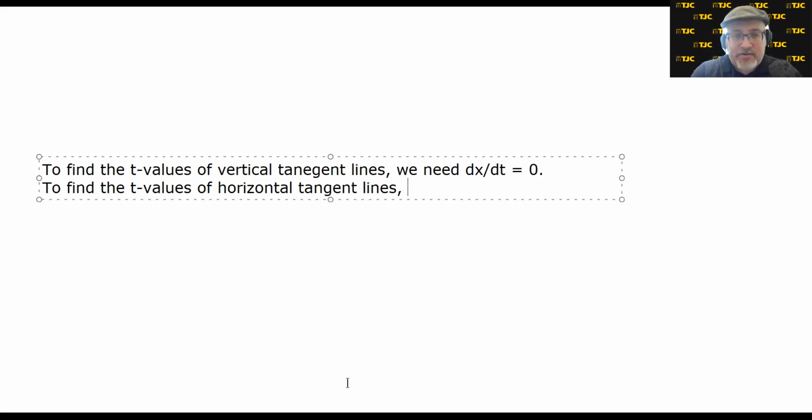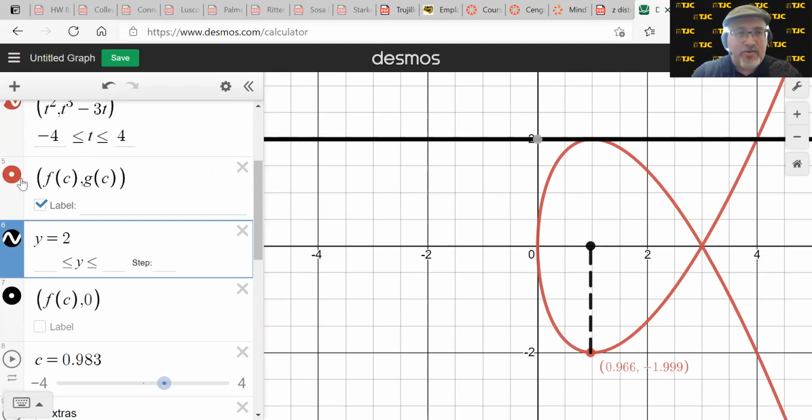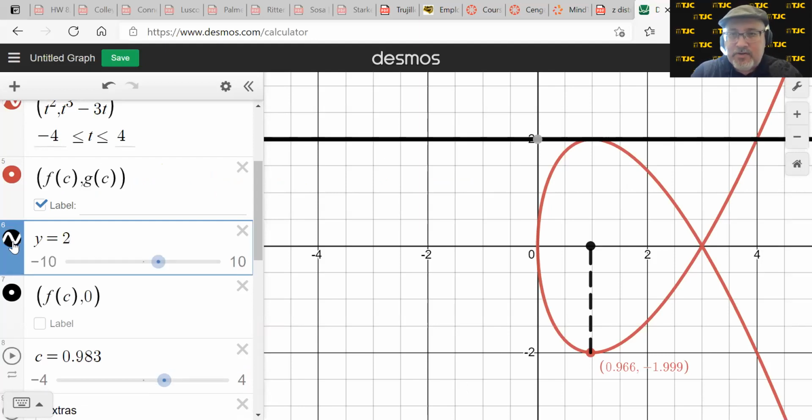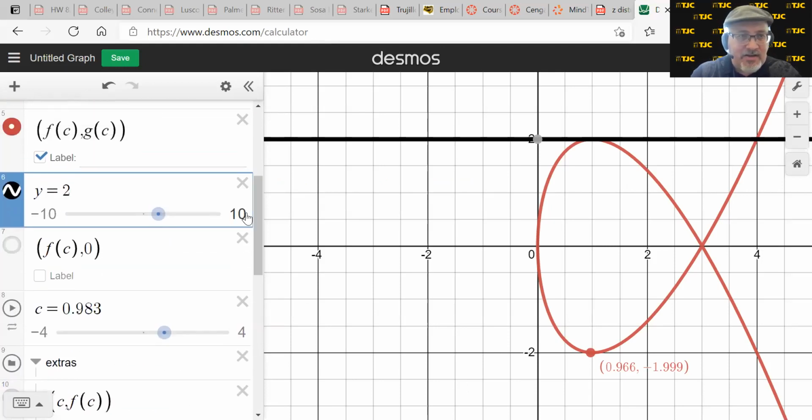well, let's go to the Desmos real quick. For example, it looks like there's a horizontal tangent line at y equals 2 right there. Think about this dot, and I'm going to turn off everything related to where it is in the x-axis. Think about this dot as it approaches that black line up there. What's its velocity doing in terms of moving up and down?